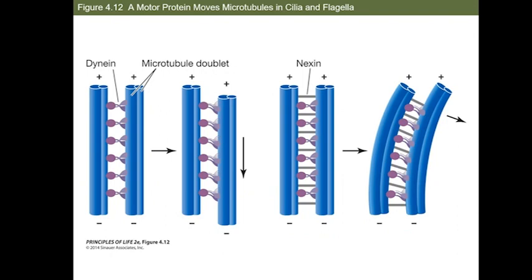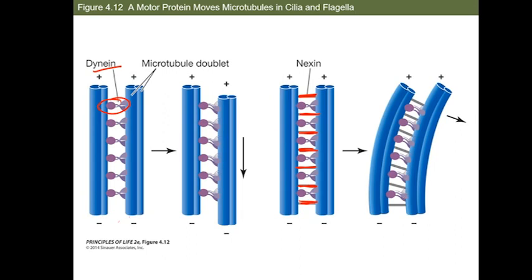So here is the dynein. It moves them up and down. Here's the microtubule doublet. Here's the nexin. It keeps them bound, kind of like a ladder rope. That's dynein.